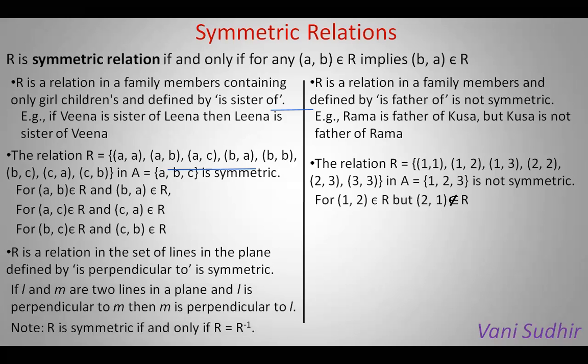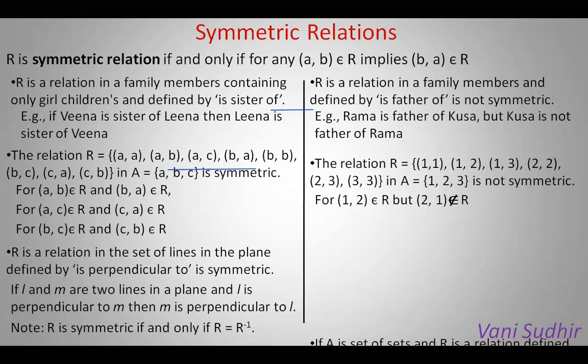I am giving one hint for symmetric relations: compare R and R inverse, where you interchange the first and second coordinates. If they are equal, then the relation is symmetric. This is a short way to identify whether a relation is symmetric or not.